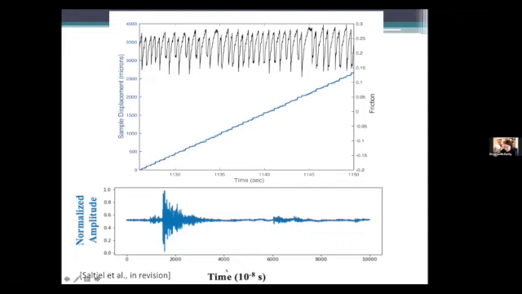He's working on the revisions for this, so that was really nice to see. And that's with just one acoustic transducer acting as a seismometer.